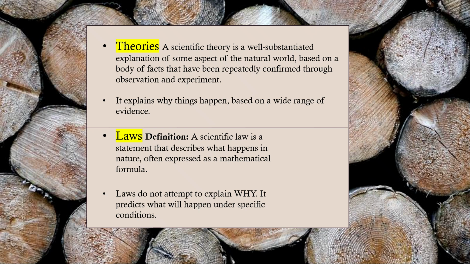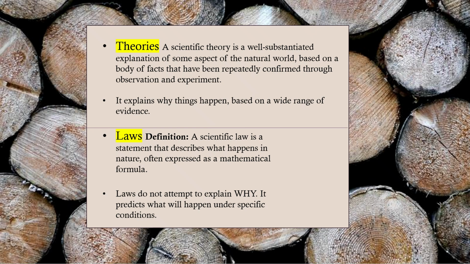Okay, so let's talk about theories versus laws in terms of science theory, science law. So scientific thinking, like we said, is a systematic approach to understanding the natural world, right? And that involves experimentation and analysis.